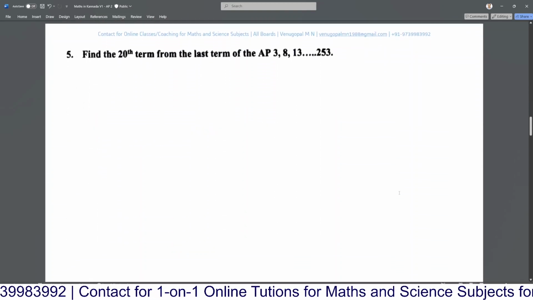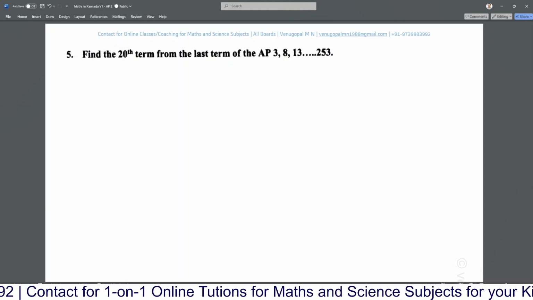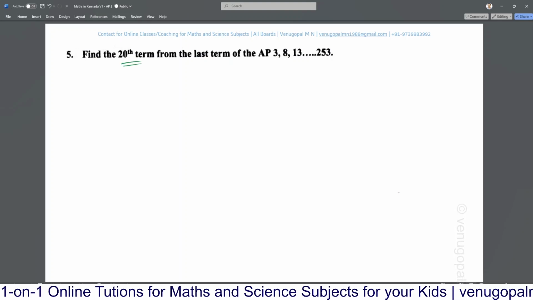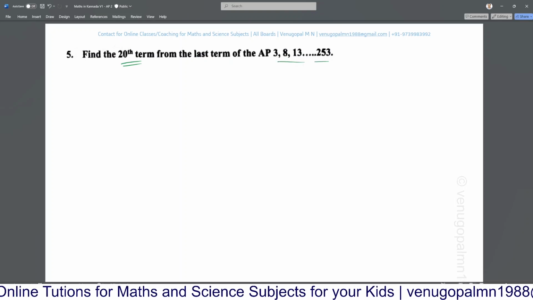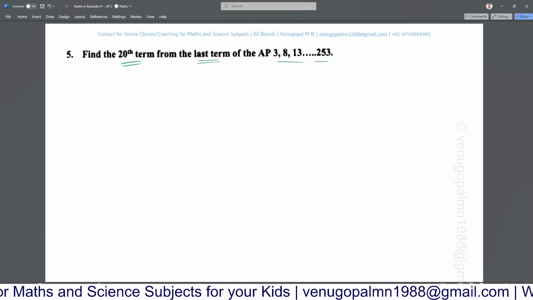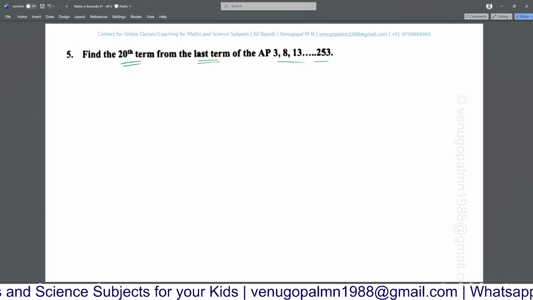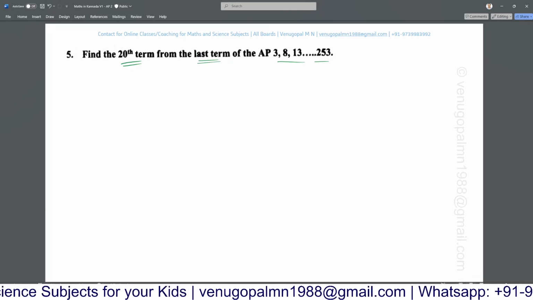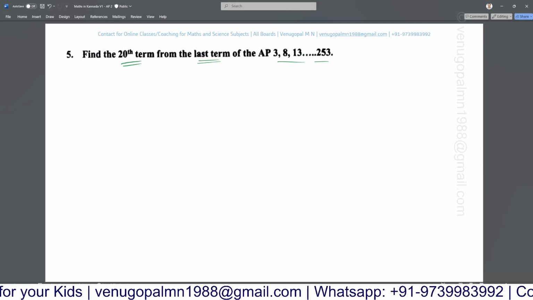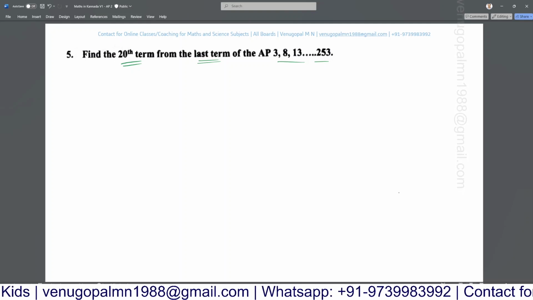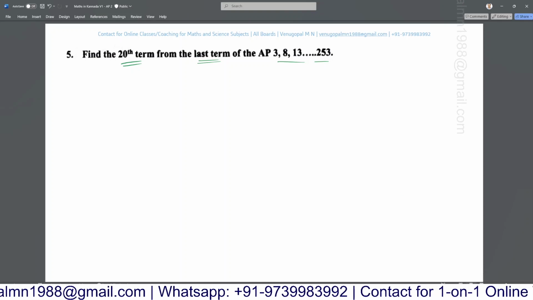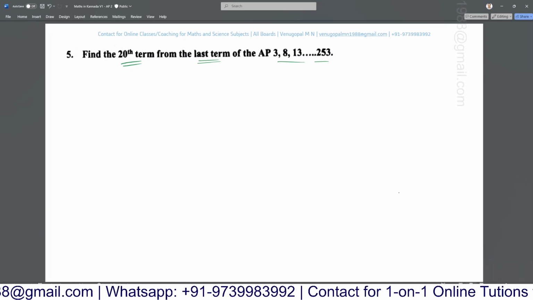So moving on with the next question, find the 20th term from the last term of an AP. What they are saying is, they have given an arithmetic progression. We have to find the 20th term from the last term. From this 253, I have to count 20 terms back and identify what that number would be.